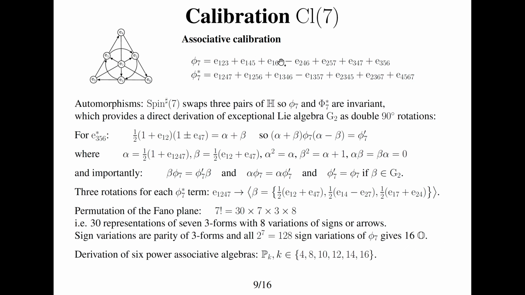But what about all the others, the 128, or the other 4,000 possibilities? They're all isomorphic to one of these algebras, PK, K being 4, 8, 10, 12, 14, 16. That number is derived by the amount of non-associativity in the algebra.